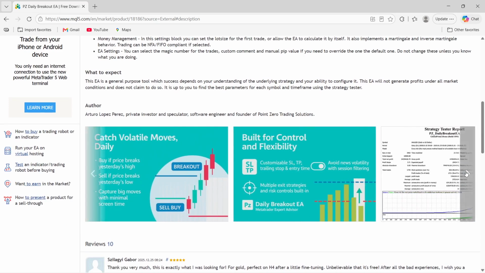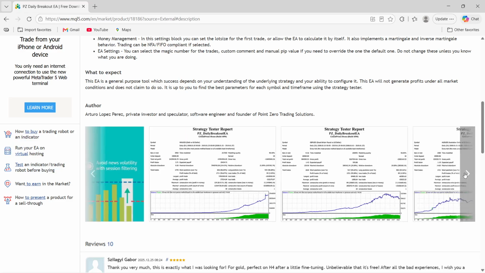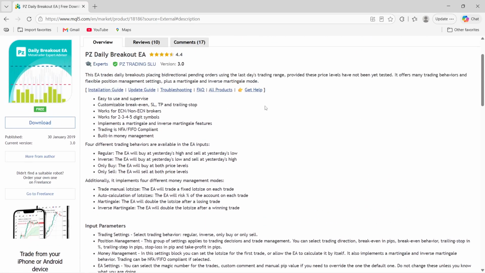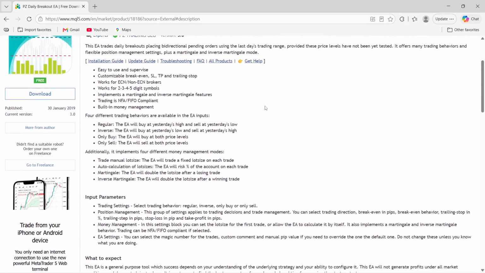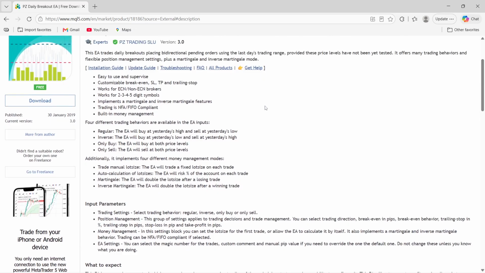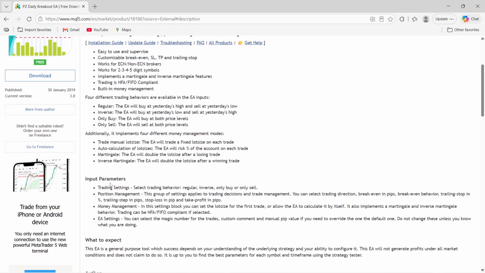Okay, so we have a strategy tester report. But before we get to that, we can see I've already gone through everything we have on the marketplace for the EA. So you can also see our input parameters.